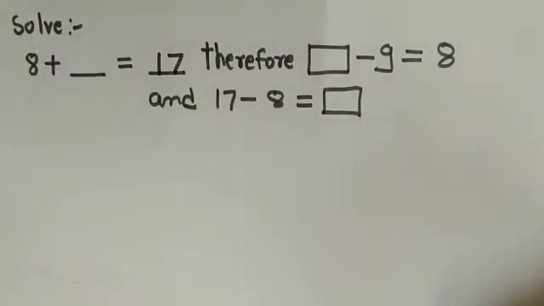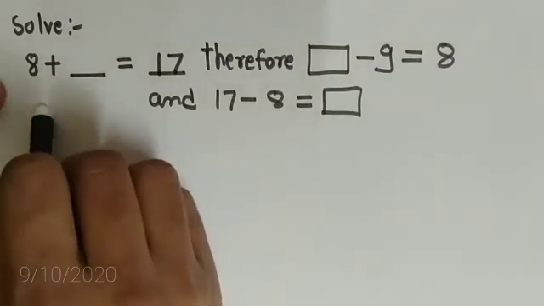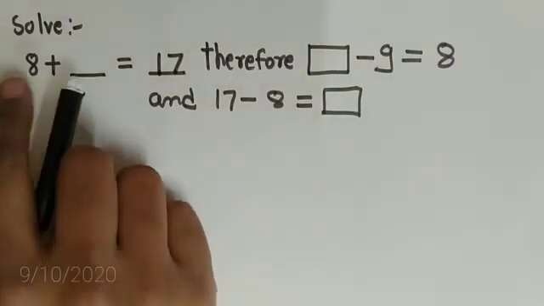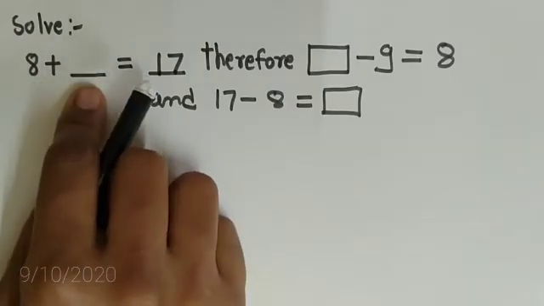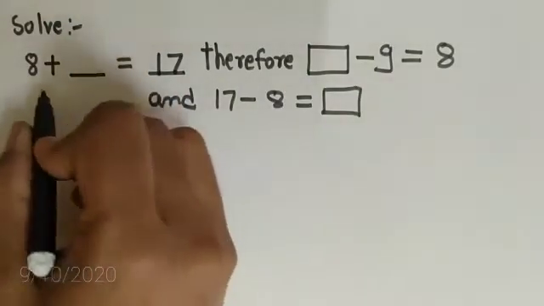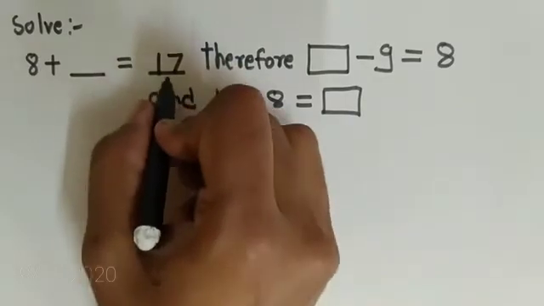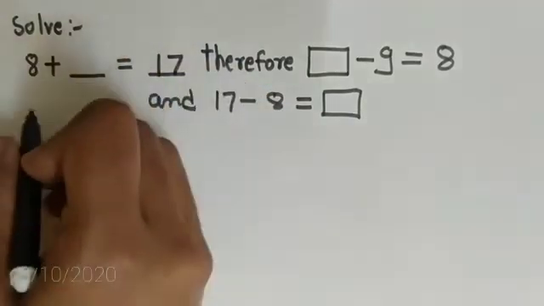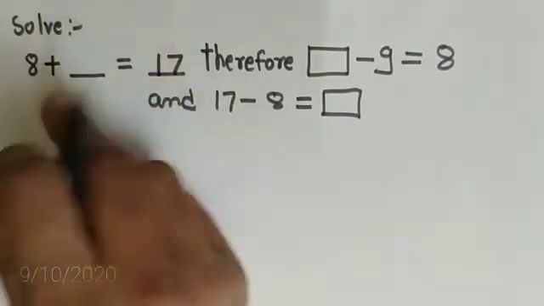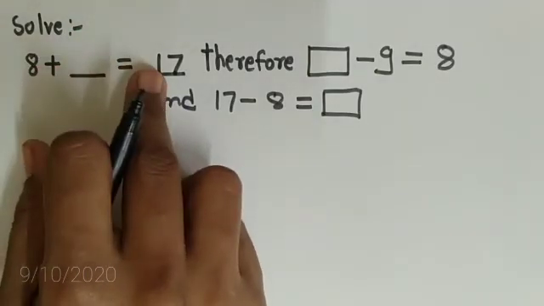Now children, we will take one more example of a subtraction and addition pair. Here we have 8 plus dash equal to 17. Means you have to add something to 8, then you will get the sum 17. So how you will get, children? By counting forward from 8 till 17.